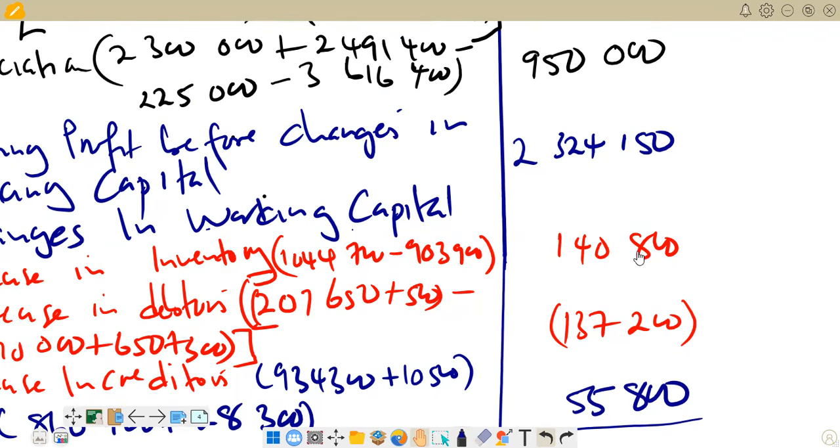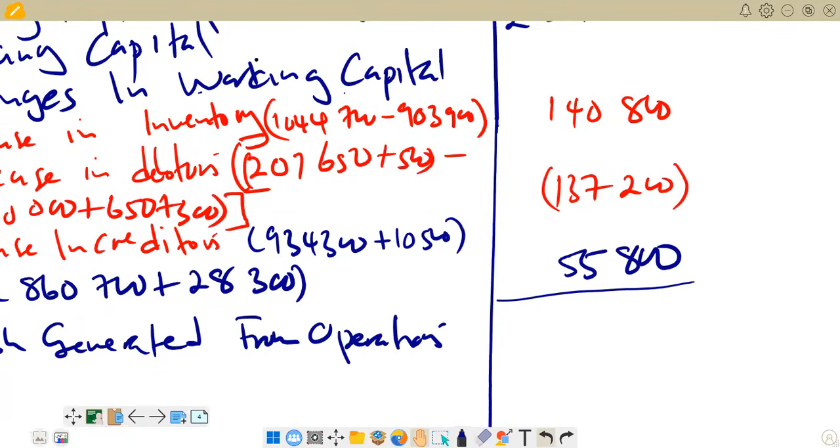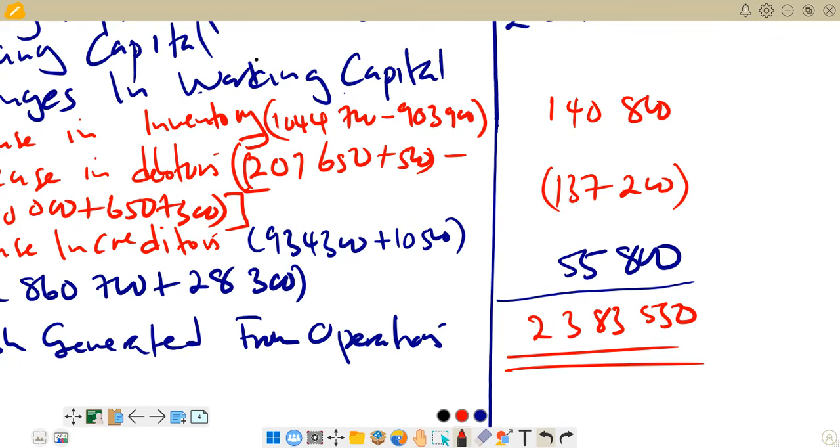We add 140,800. We subtract 137,200, and we add 55,800. So we are supposed to get 2,383,550.